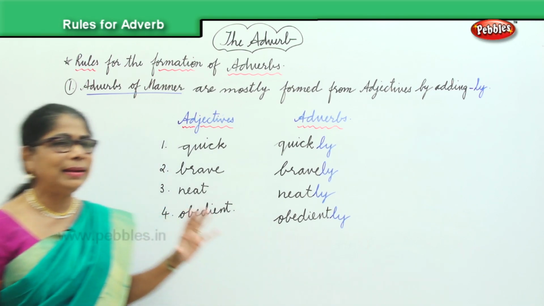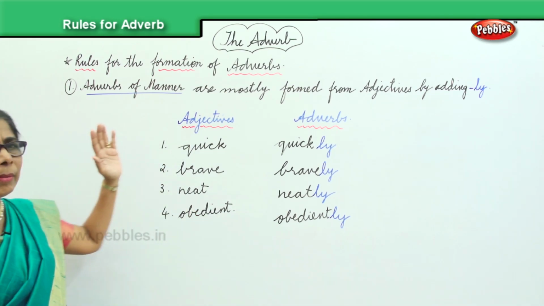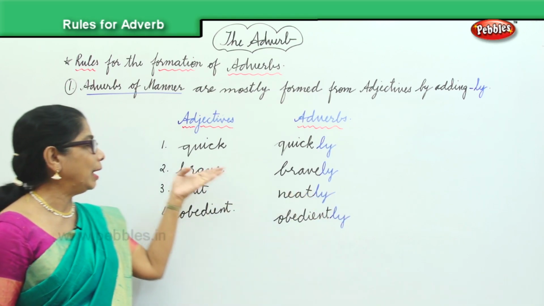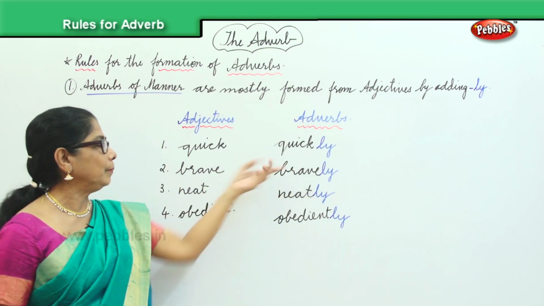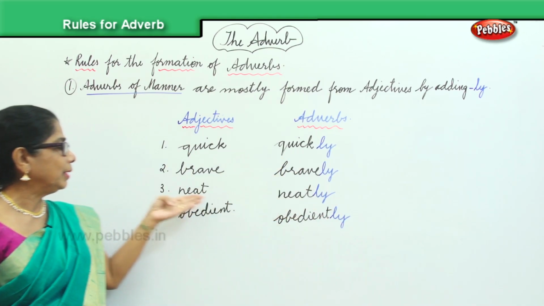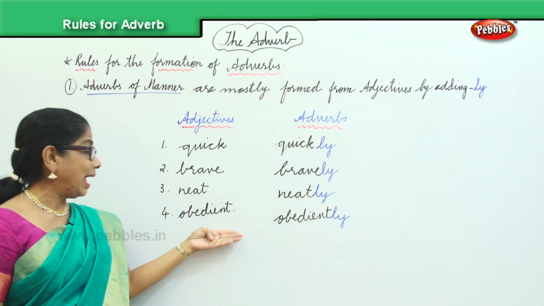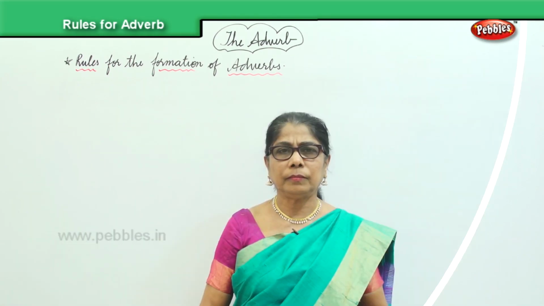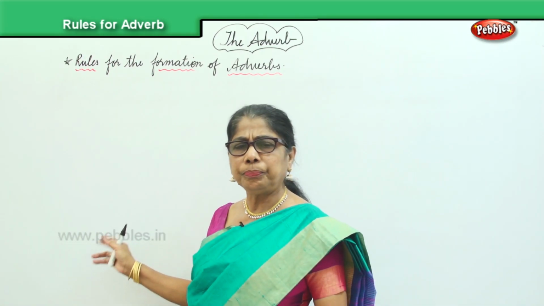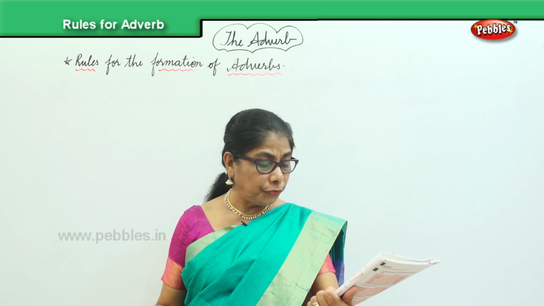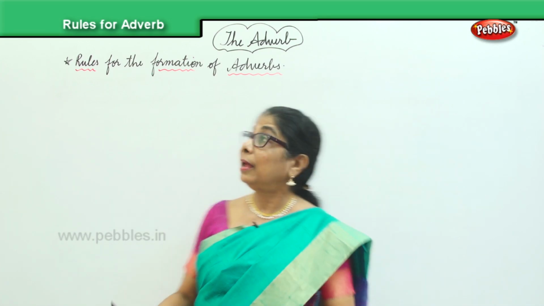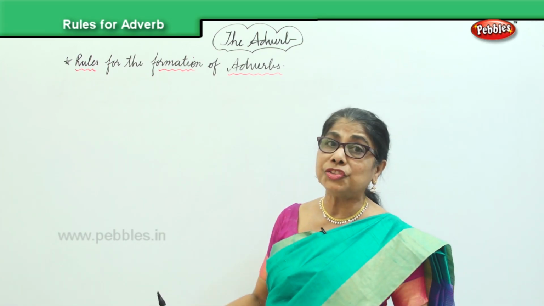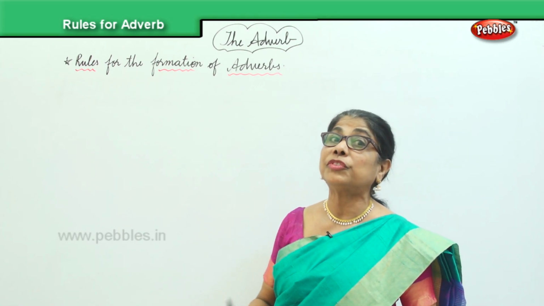Quick becomes quickly, brave becomes bravely, neat becomes neatly, and obedient becomes obediently. We did the first rule: to form an adverb from the adjective, we added ly.